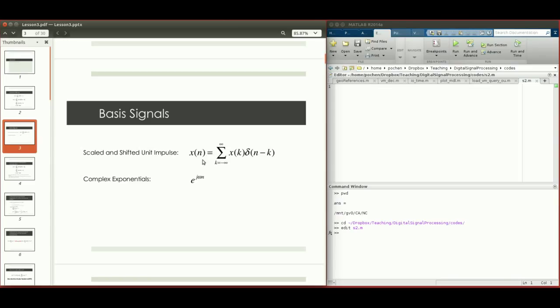This kind of representation is not unique. If you use shifted impulse sequences as basis signals, then you have this kind of expression. But what is the expression if you use this kind of basis as your basis signal? How can you represent this arbitrary signal as linear superpositions of complex exponentials?